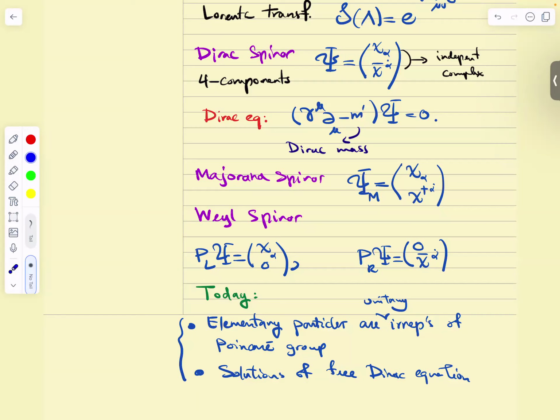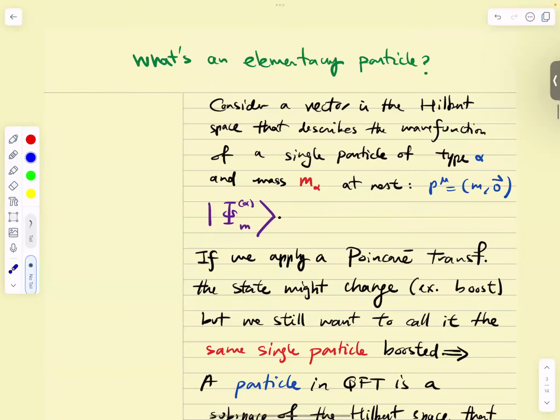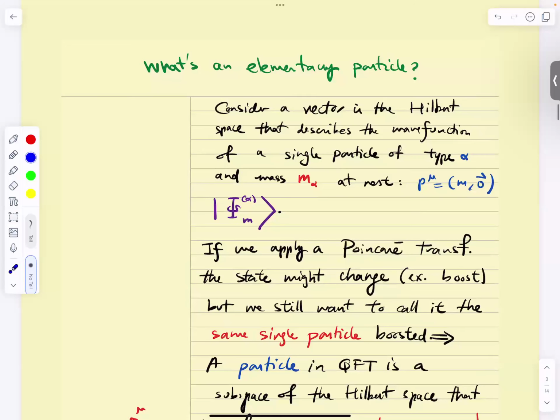There will be a pair of solutions, each of them with two complex components. One of them we're going to call the particle, the other one the antiparticle, u and v. Keep that in mind. We're going to talk about their properties. Good? All right. So what's an elementary particle?